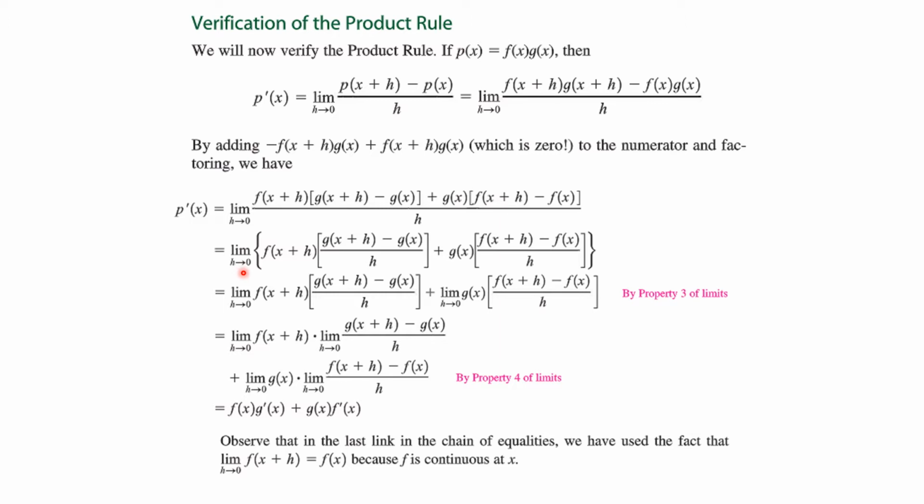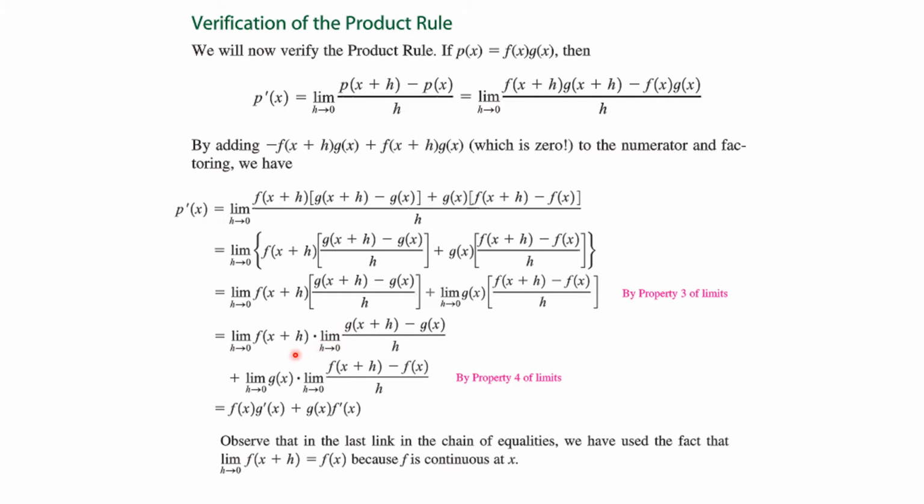which in turn, if I factor things appropriately and put the h being divided there, is this times this plus this. And then I'm going to take the limit of the sum as the sum of the limits.